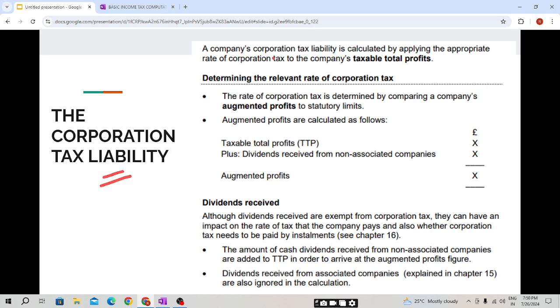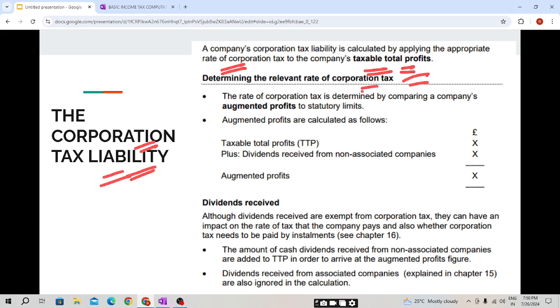A company's corporation tax liability is calculated by applying the appropriate rate of corporation tax to the company's taxable total profit. So the rate of corporation tax will be applied on the taxable total profit, so that we arrive at our corporation tax liability.